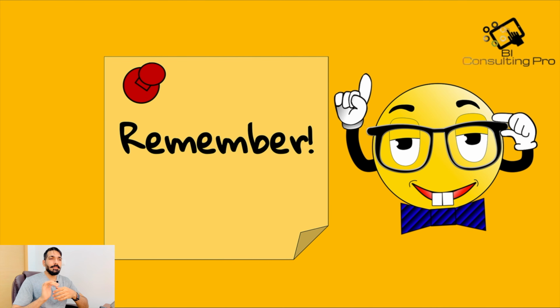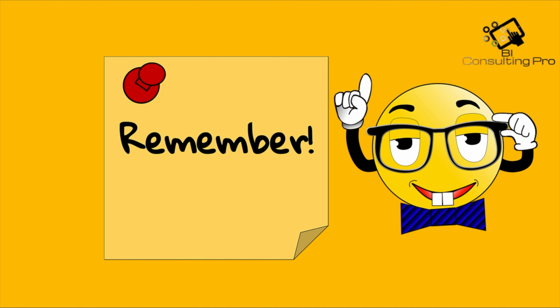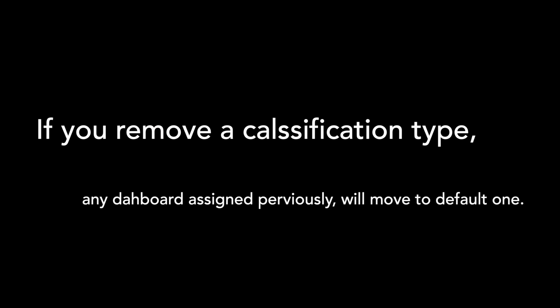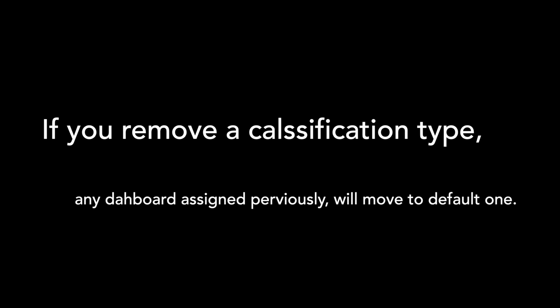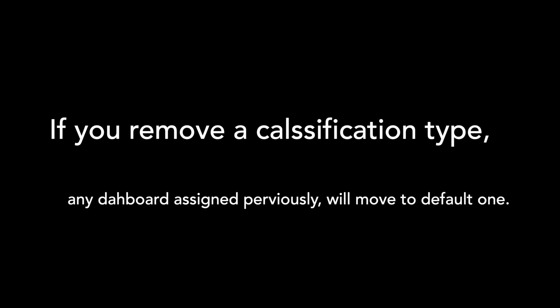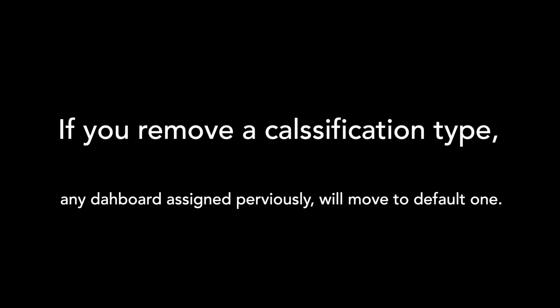Great. Now there are certain things that you should remember while working on dashboard data classifications. If you turn the data classification off, none of the tags are going to be remembered. You will need to start over again. Secondly, if you remove a classification type from the admin settings, any dashboard assigned the removed classification type will be assigned back to the default one.